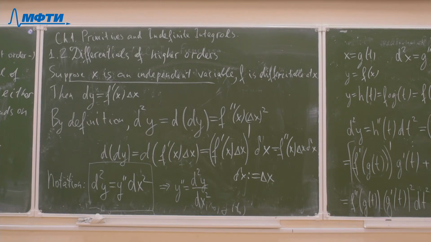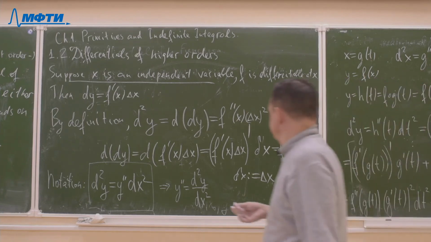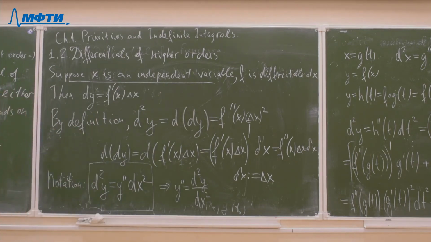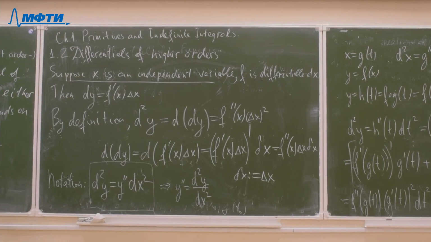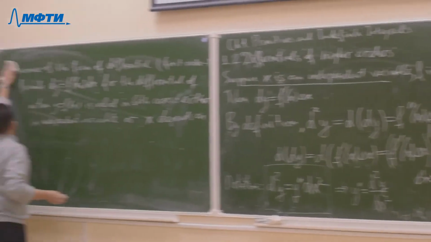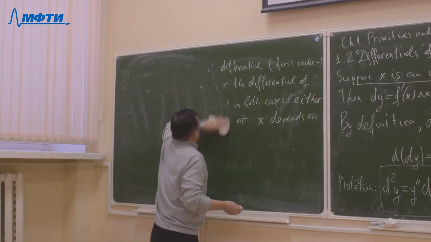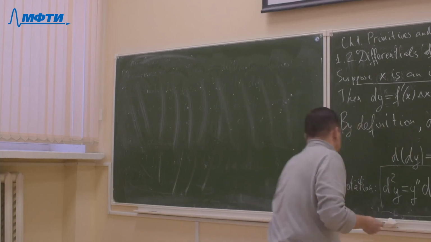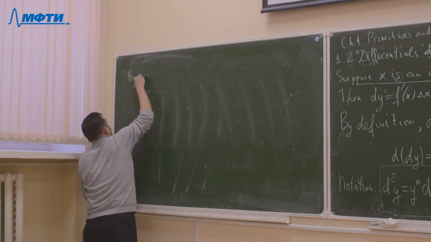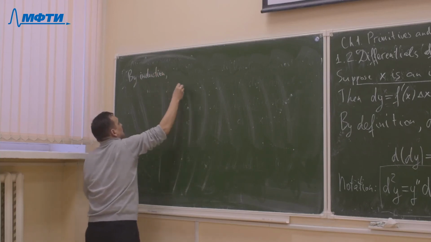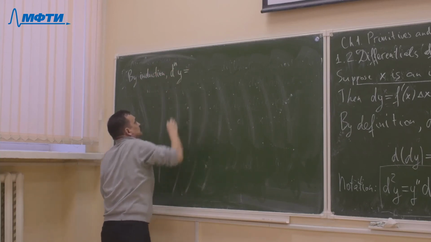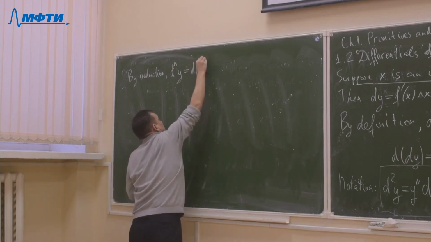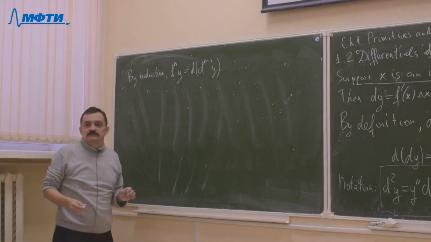Okay. Also, to finish this section, look, we considered the differential of second order, and of course, for the case of independent variable, we can proceed further, right? So by induction, the differential is defined as the differential of order n minus 1, right?